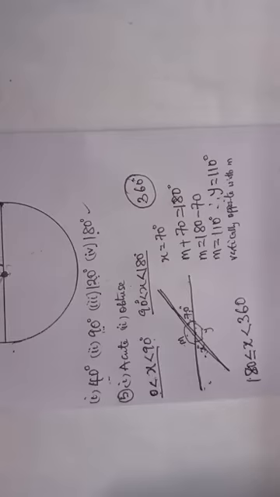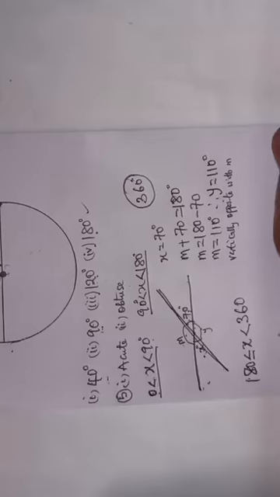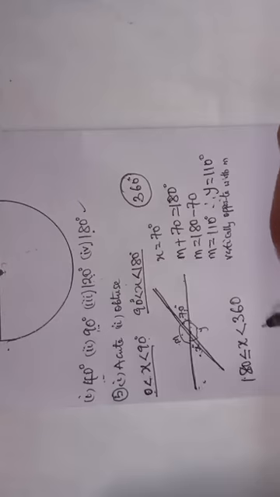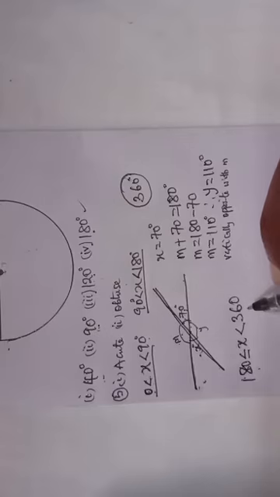So reflex means it lies between 180 and 360. That means the angle is above 180 but less than 360 degrees.